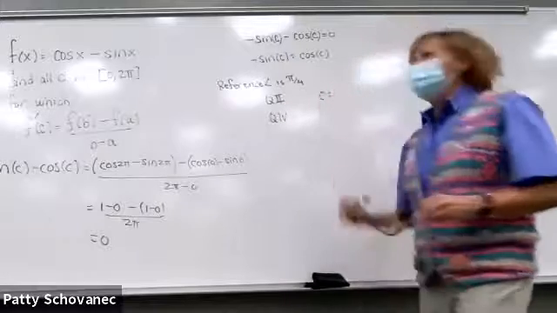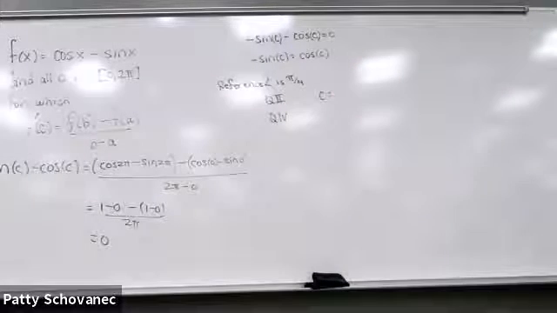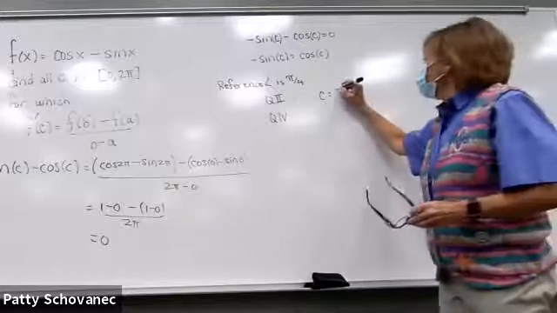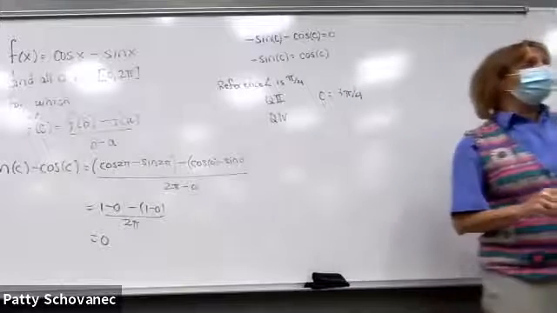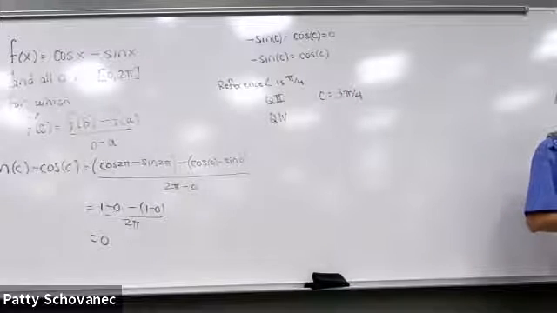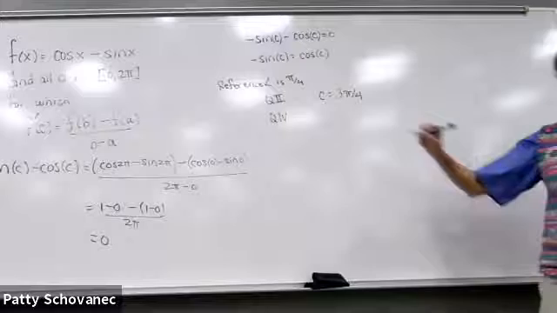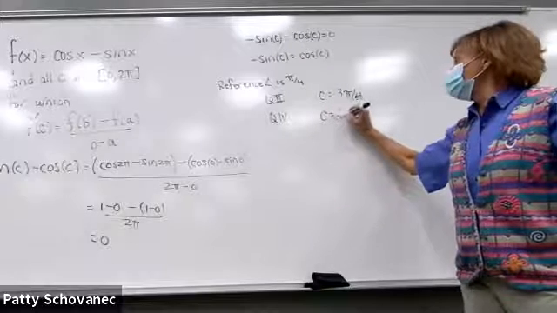So which multiple of pi over 4 is in quadrant 2? 3 pi over 4. And now in quadrant 4, 5 pi over 4.